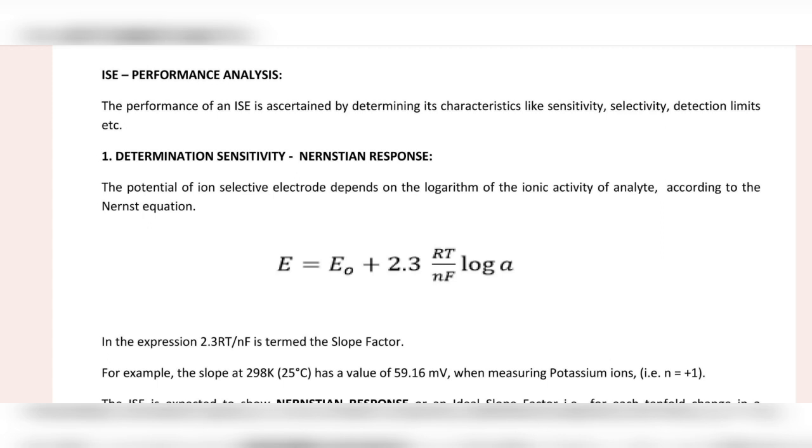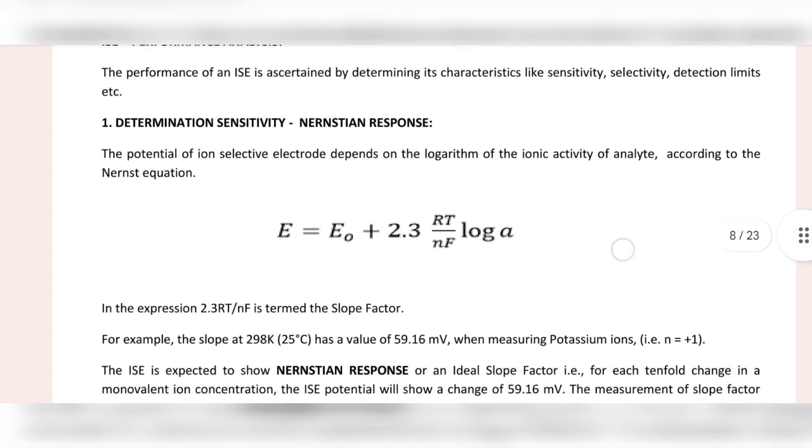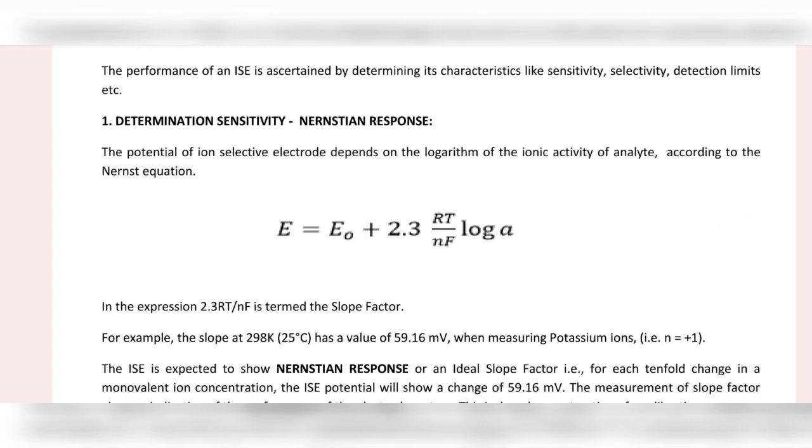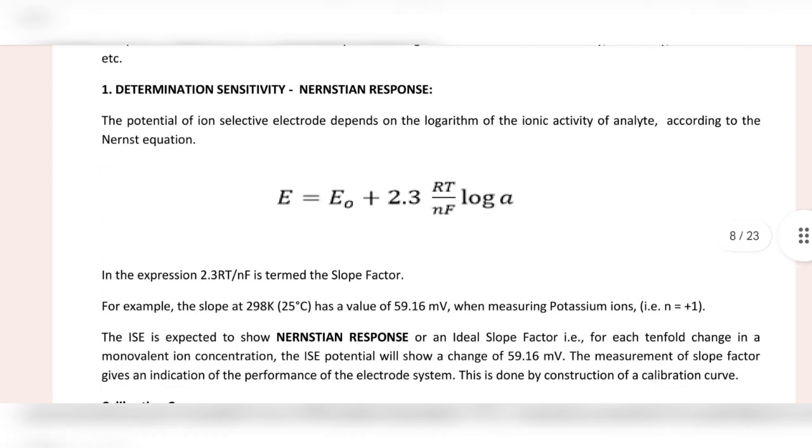So in general, for a potentiometric sensor, the EMF potential of an ion selective electrode is related to the log of activity, log A. In the above expression, the term 2.303 RT by NF is termed the slope factor.